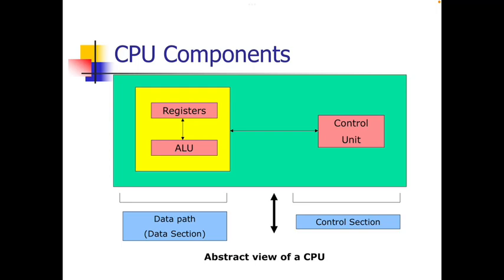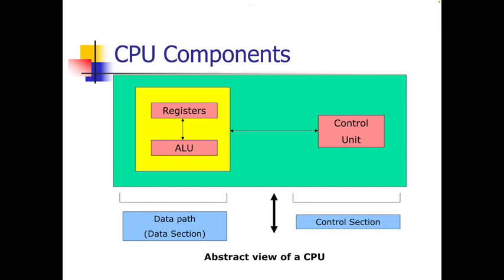If you want to look at the overall CPU components, you can look at this figure. We have registers, we have the ALU, and then the control unit controls the ALU and the registers here.